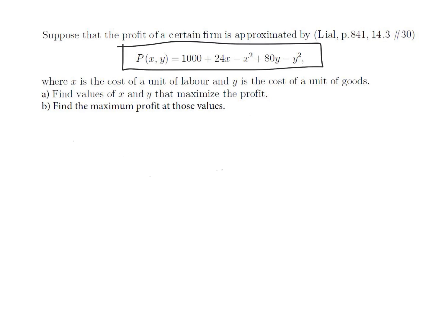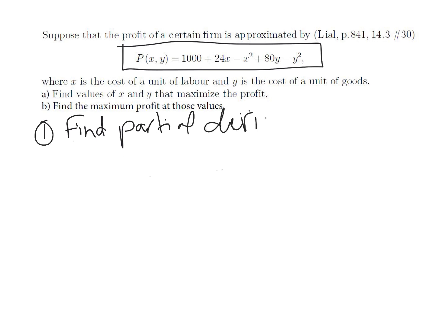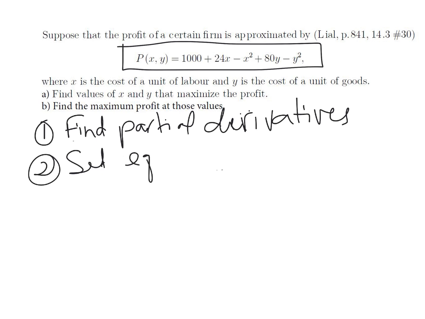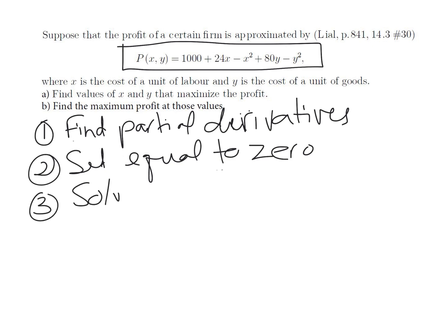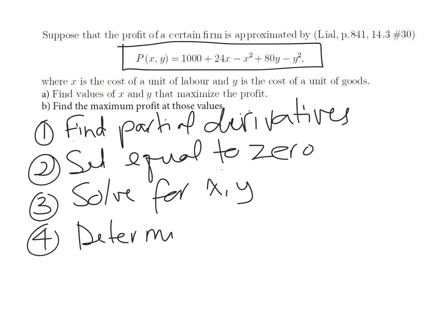So again, we're going to find partial derivatives, set them equal to 0, solve for x and y through your methods of elimination, substitution, and then determine the type of extrema that we have.